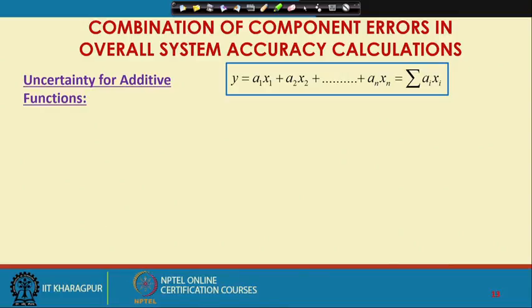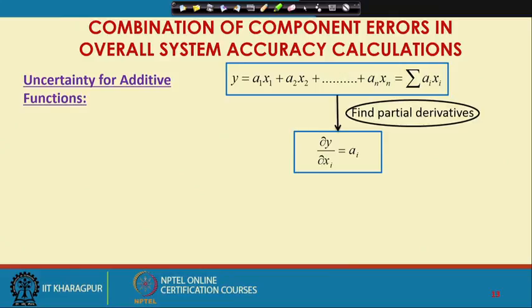Now, let us consider an additive function. So, y equal to a1 x1 plus a2 x2 up to an xn, which can also be written as sigma ai xi. Again you find partial derivatives.